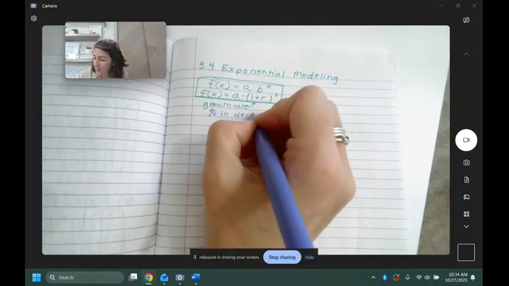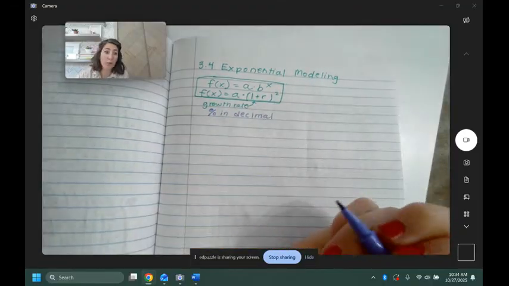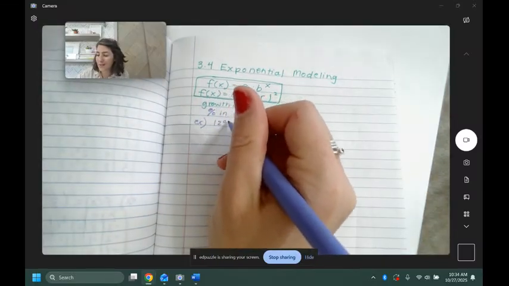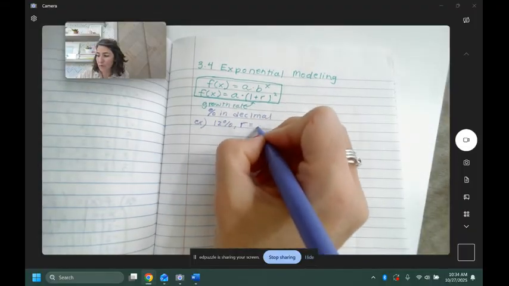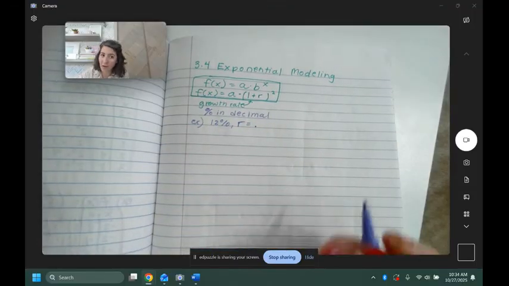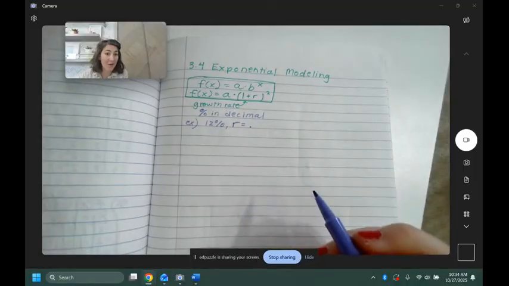Real quick, how to remember how to do that. So if my growth rate was 12%, for example, then r would be: move the decimal 2 places or divide by 100, because 12% means 12 out of 100.